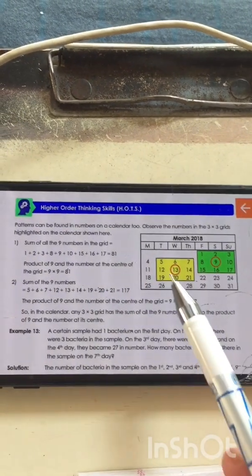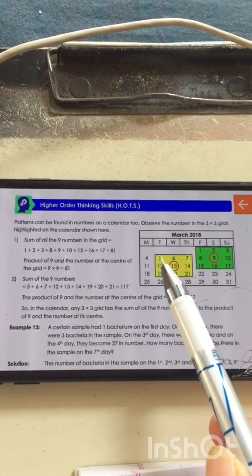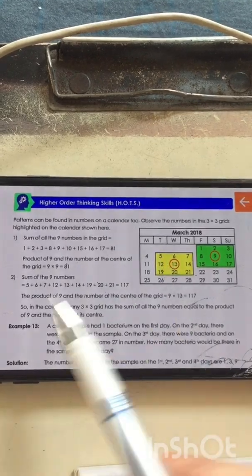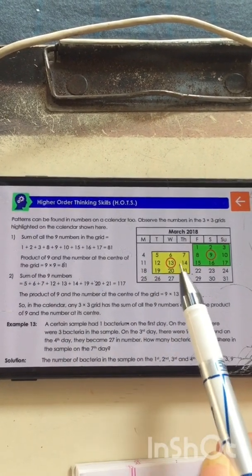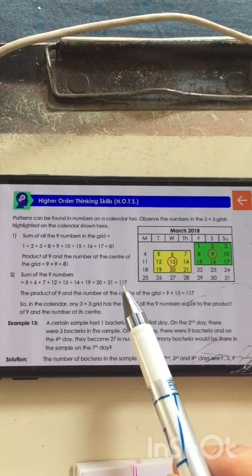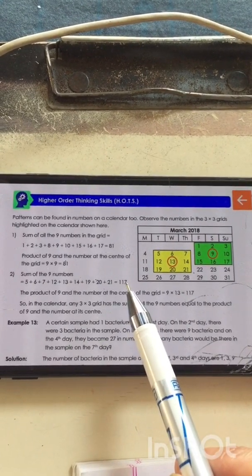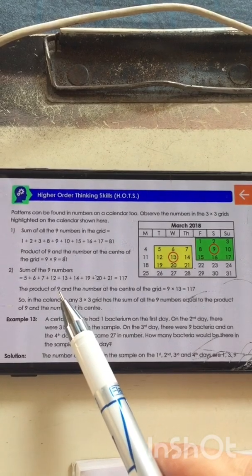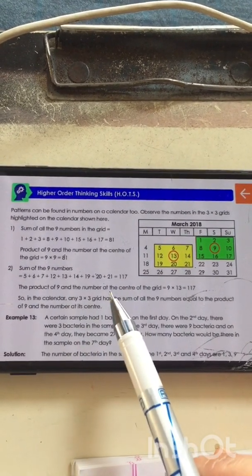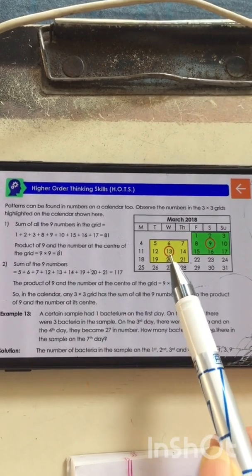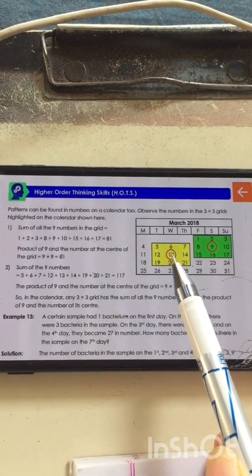Then, if you see this yellow grid, here also when they add 5 plus 6 plus 7 plus 12 and all these numbers, they found the total as 117. It is the product of 9 and the number at the center of the grid. Now 13 is the center of this grid.